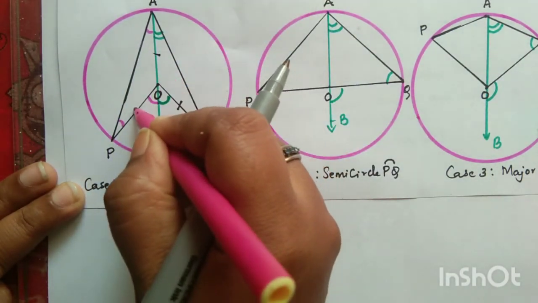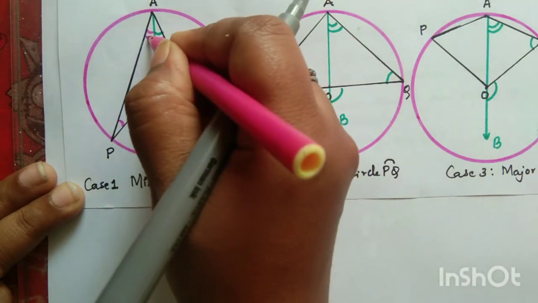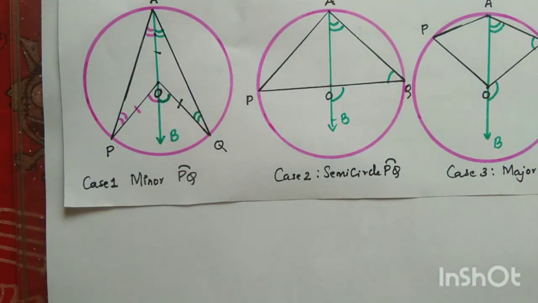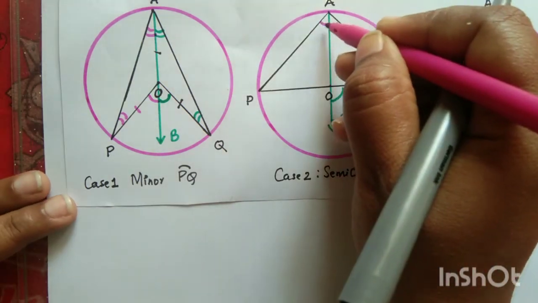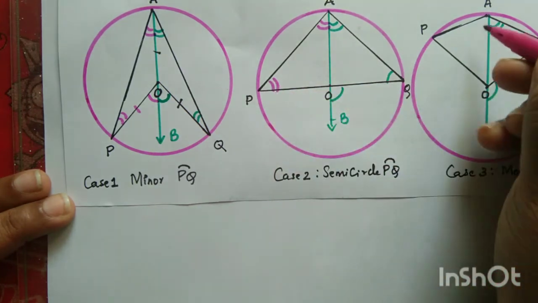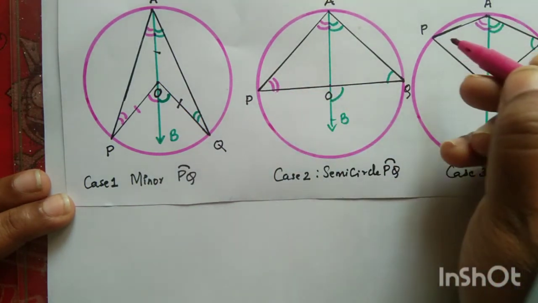Again these two are isosceles triangles, so these two angles will be equal. The same way we are going to show for all the three cases. So it will be equal here, here also it will be equal.